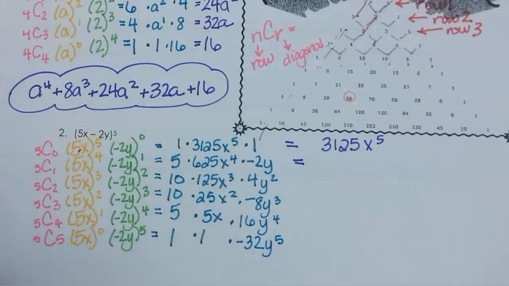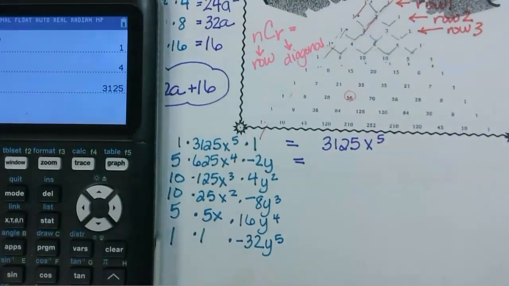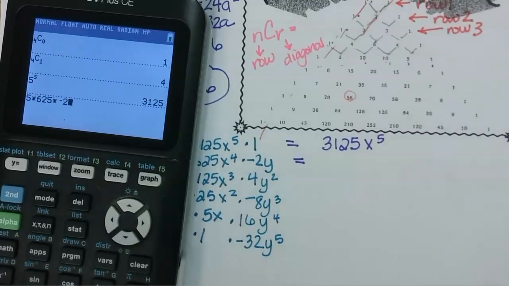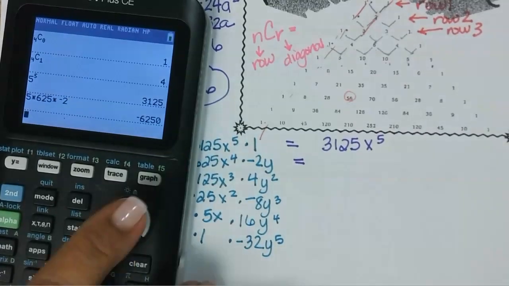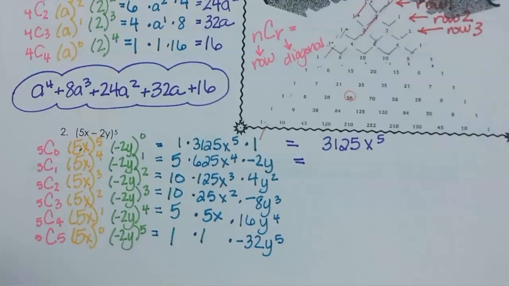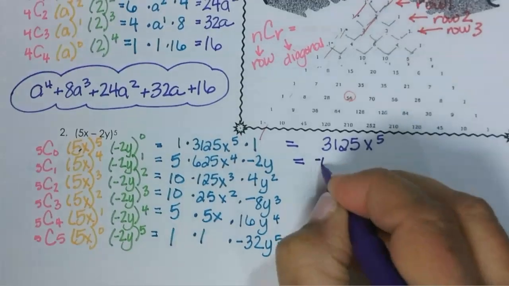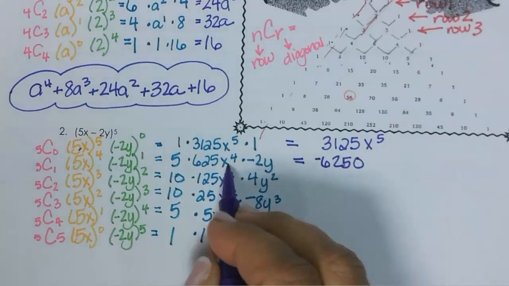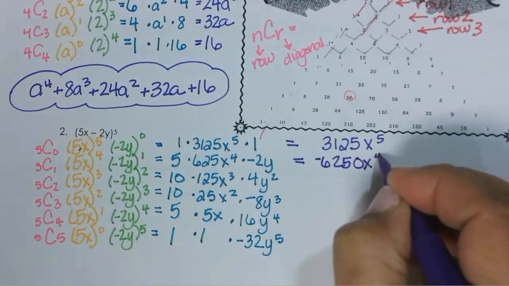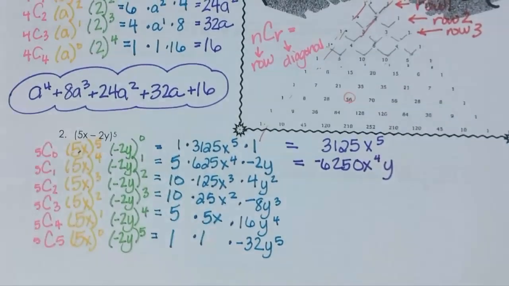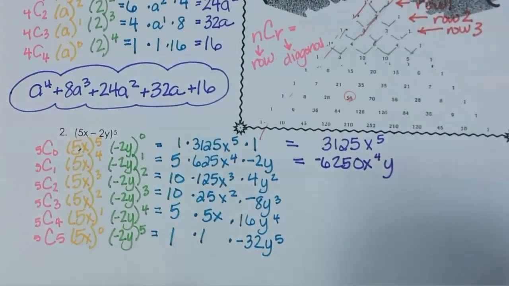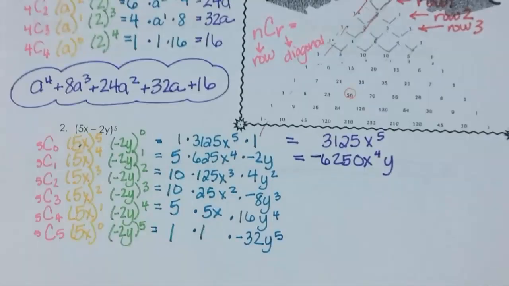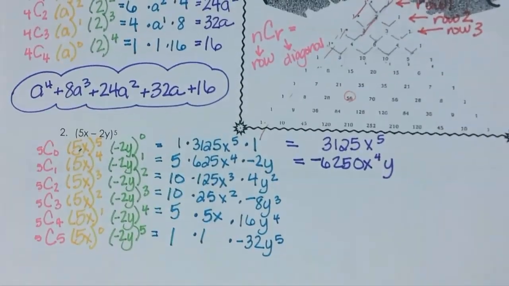If you take that, you get negative 6,250. So that's my numerical coefficient. And then we have x to the fourth and y. Notice that the negative with the negative 2 ends up as a negative coefficient for that entire term.